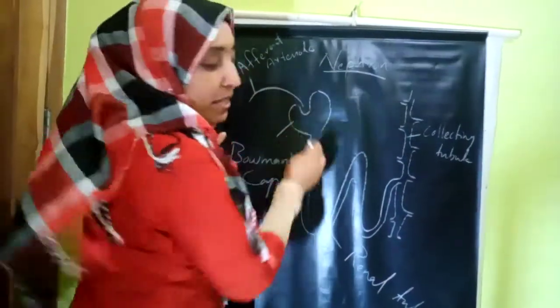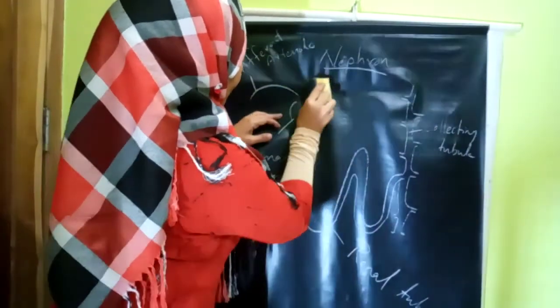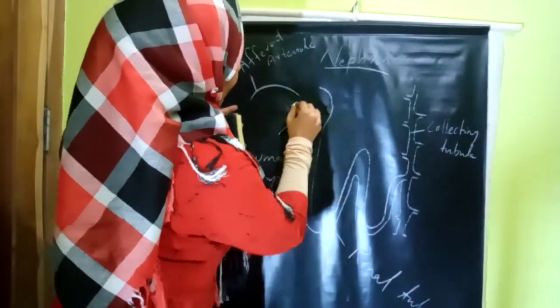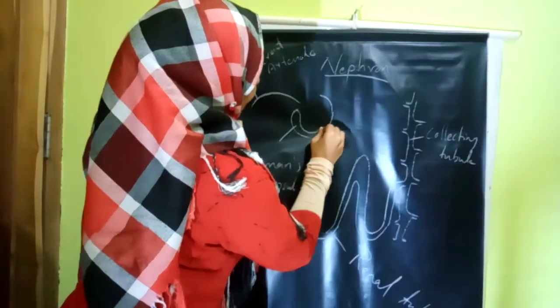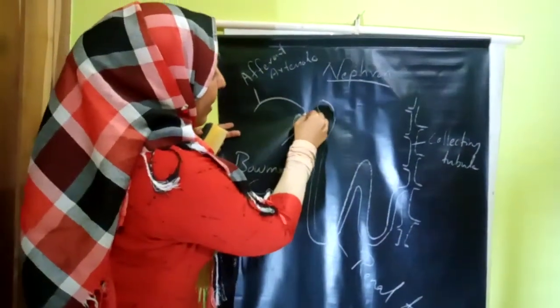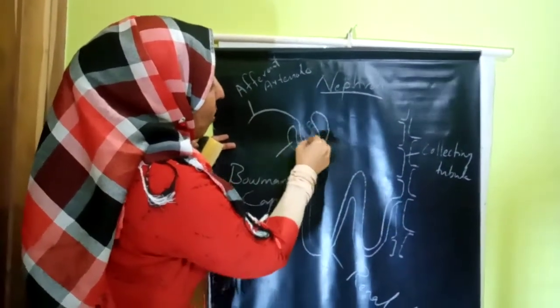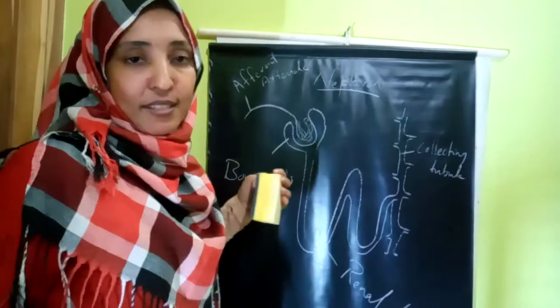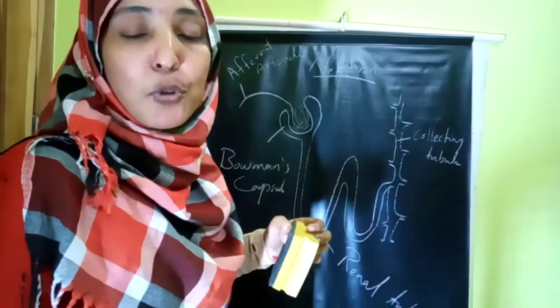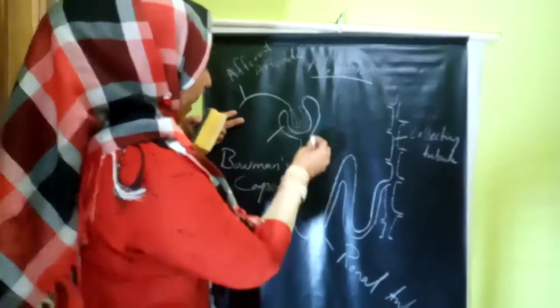Then inside the Bowman's capsule, this afferent arteriole again divides and forms a network of capillaries.